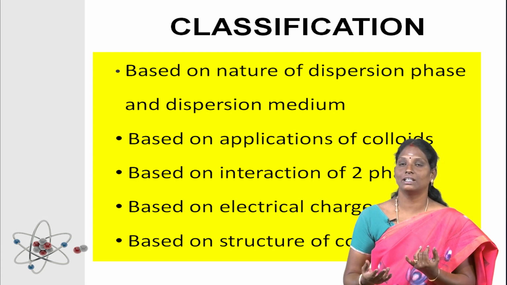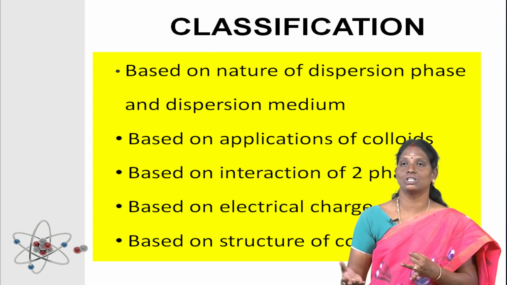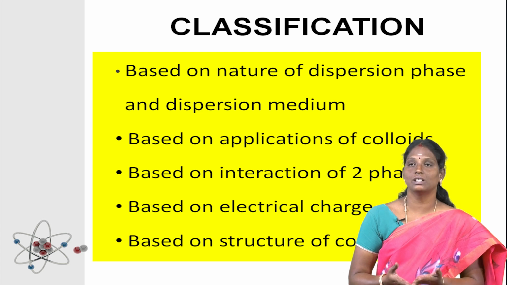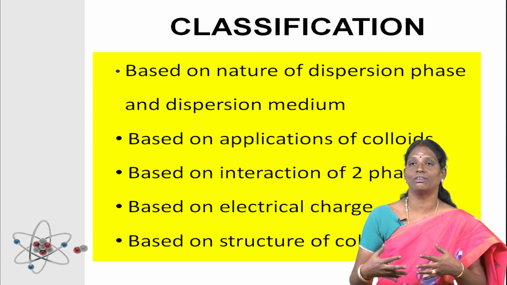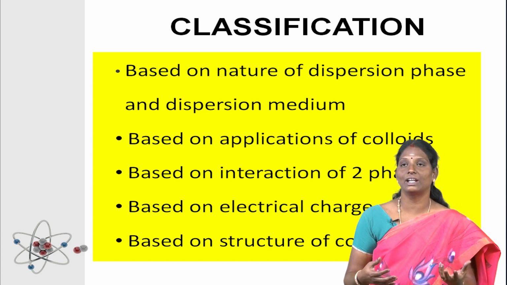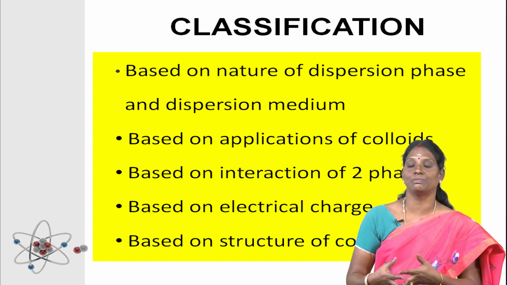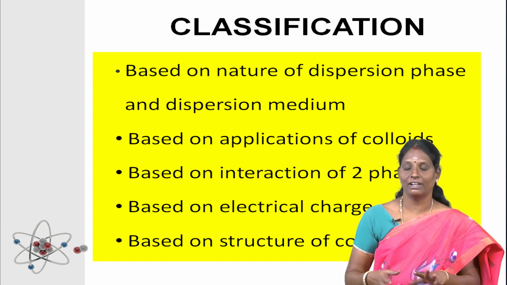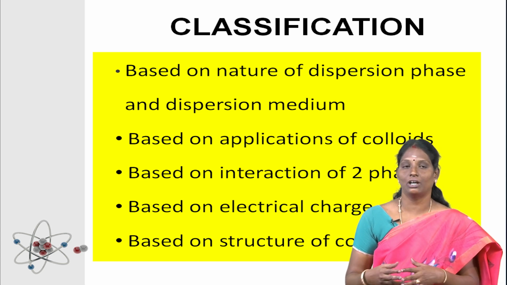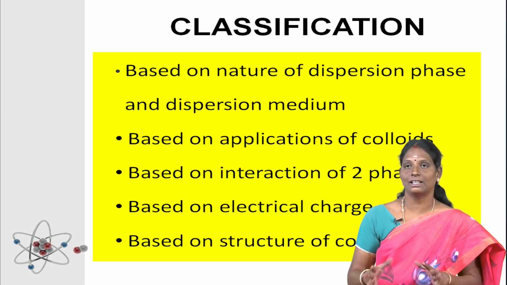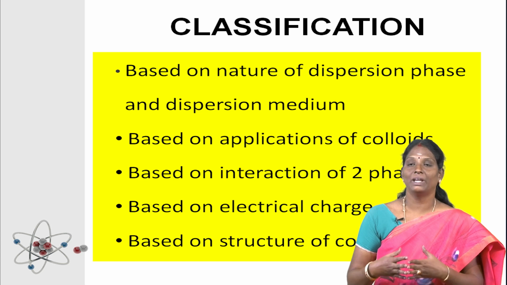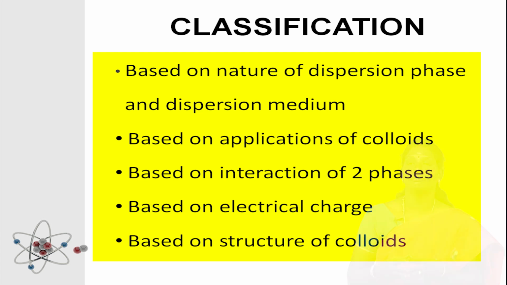Next, based on applications, that is, the uses of colloids. Next, based on interaction of the two phases, the dispersed phase and the dispersion medium. Then, based on the electrical charge of the colloids. The last one is based on the structure of colloids.